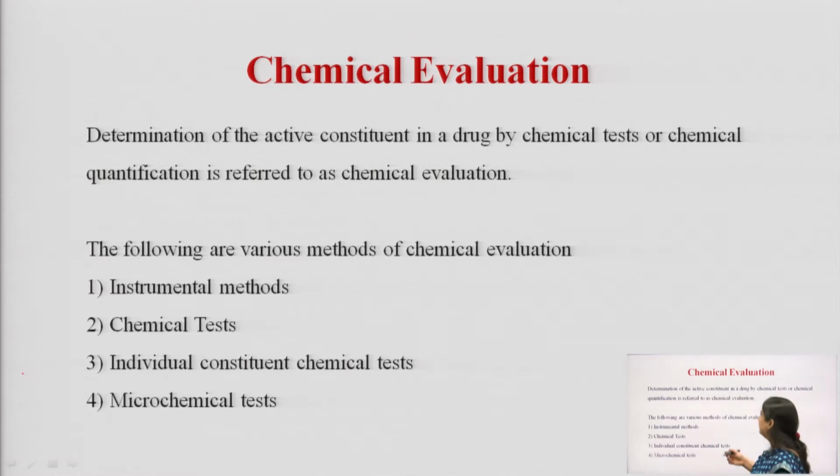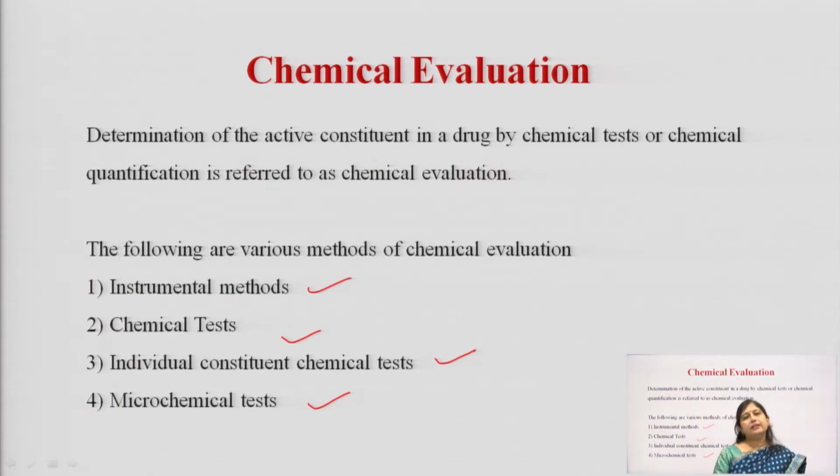So, what are the things which we can do? We can use certain instruments for the identification, qualitative tests or quantification of a particular drug. We can perform chemical tests. We can identify individual chemical constituents of a particular plant, extract or even the plant itself, or we can perform the microchemical test.